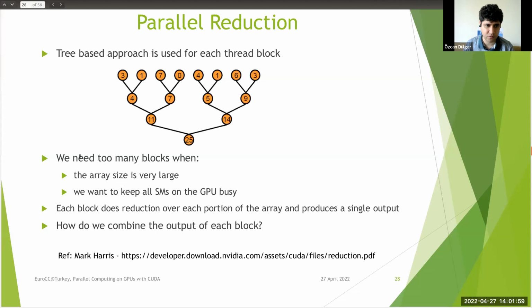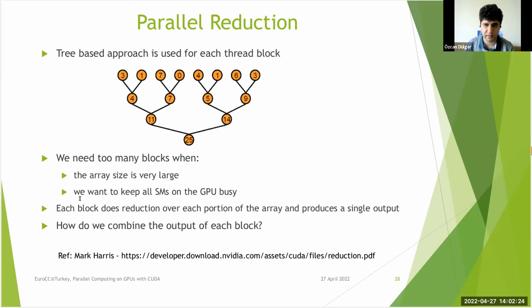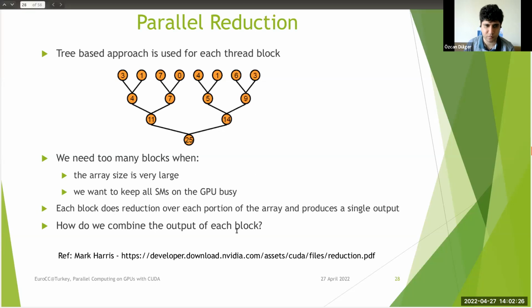We need many blocks when the array size is very large, for example 2^20, and when we want to keep all streaming multiprocessors on the GPU busy. So we need many blocks in such situations, and each block does a reduction over a portion of the array and produces a single output.